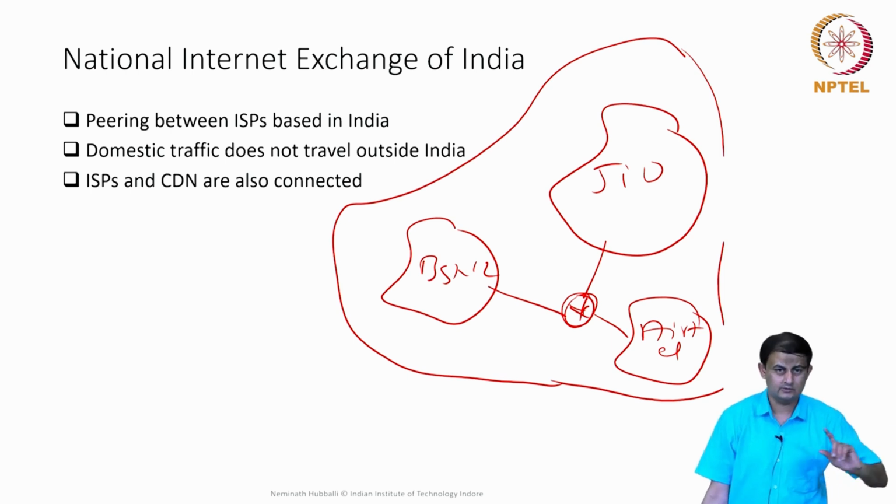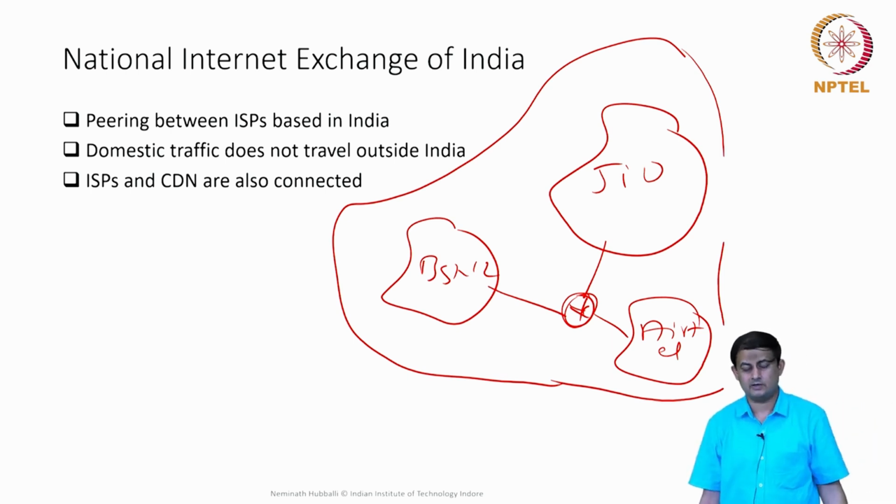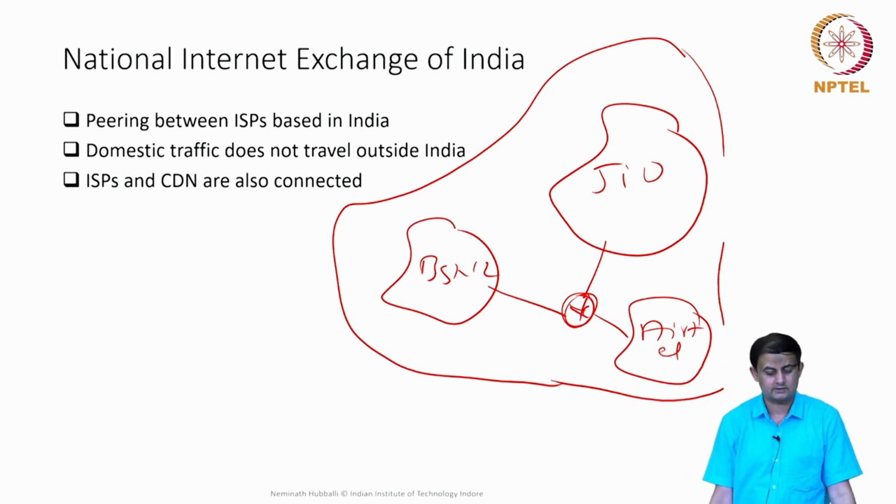Distance-wise it is far away, and also it is costly, but there is no need to send our domestic traffic to the external.